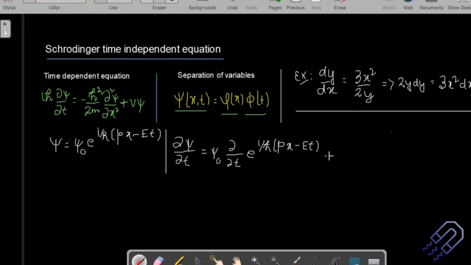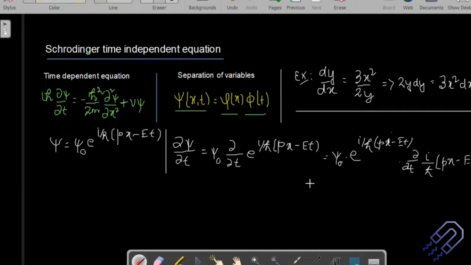Now if we differentiate it, we have psi naught into e to the power i by h cross (px minus Et), because d by dx of e to the power x is e to the power x. Then we differentiate with respect to t the term i by h cross into (px minus Et).